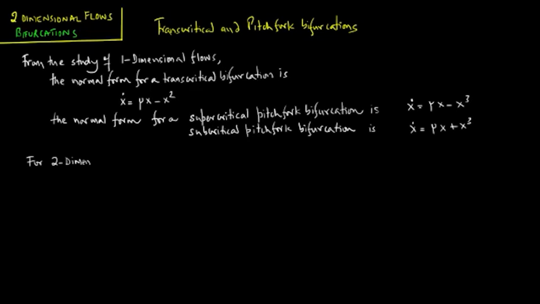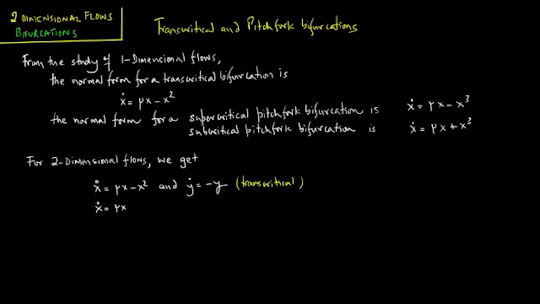For two-dimensional flows, we get x dot is equal to mu x minus x square and y dot is equal to minus y, and that's for a transcritical bifurcation. X dot is equal to mu x minus x cube and y dot is equal to minus y, and that's for a supercritical pitchfork bifurcation.